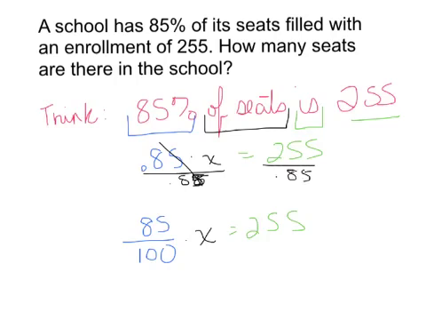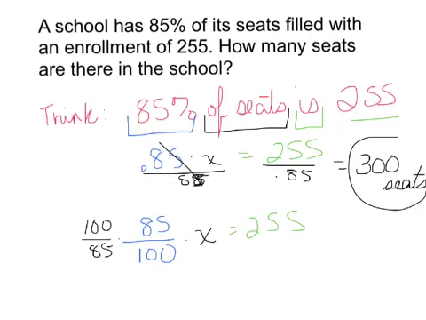Divide by 0.85. I'm going to get an answer of 300 seats. Here, I would have to multiply by 100 over 85, or I can also reduce those. But I'm also going to get the same answer of 300 seats.